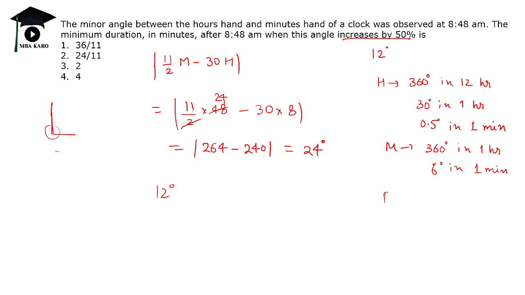So there is a relative speed of 5.5 degrees per minute. Now the angle to be covered is 12 degrees, so it is 12 into 5 upon 5.5, which is equal to 24 by 11 minutes. So in 24 by 11 minutes, the gap will be 12 degrees. That is the answer to this question.